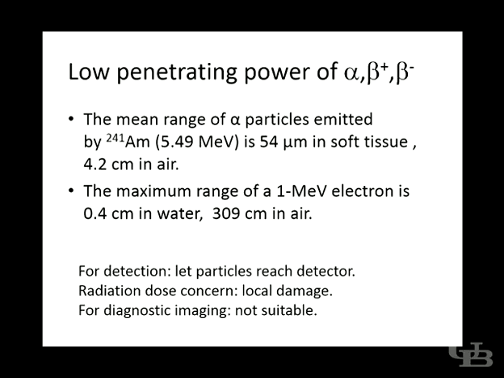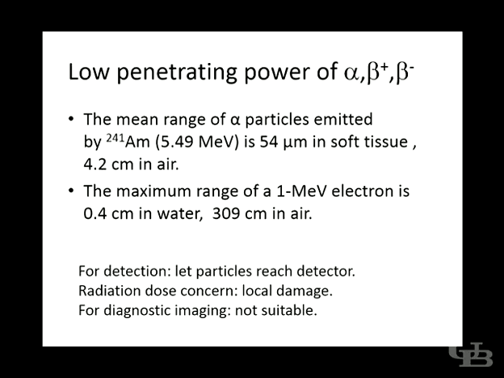Both alpha particles and electrons are charged particles. Charged particles means that when they interact with matter, they have an electrostatic field surrounding the particle, interacting with the electric field of the nucleus and the electrons.